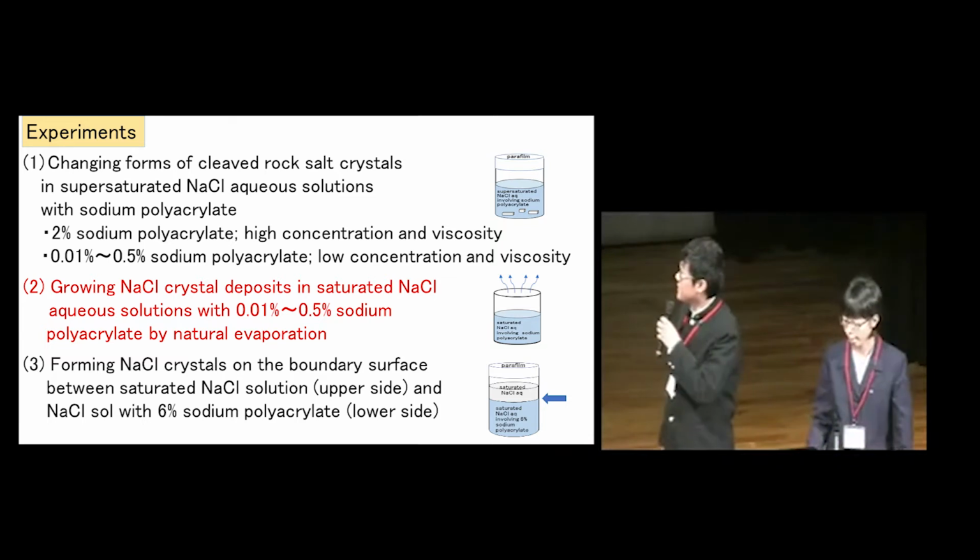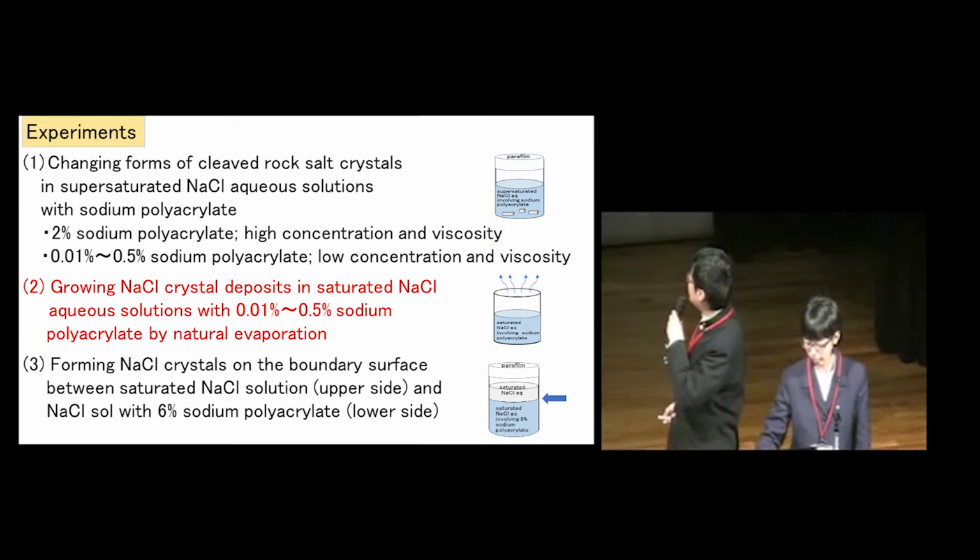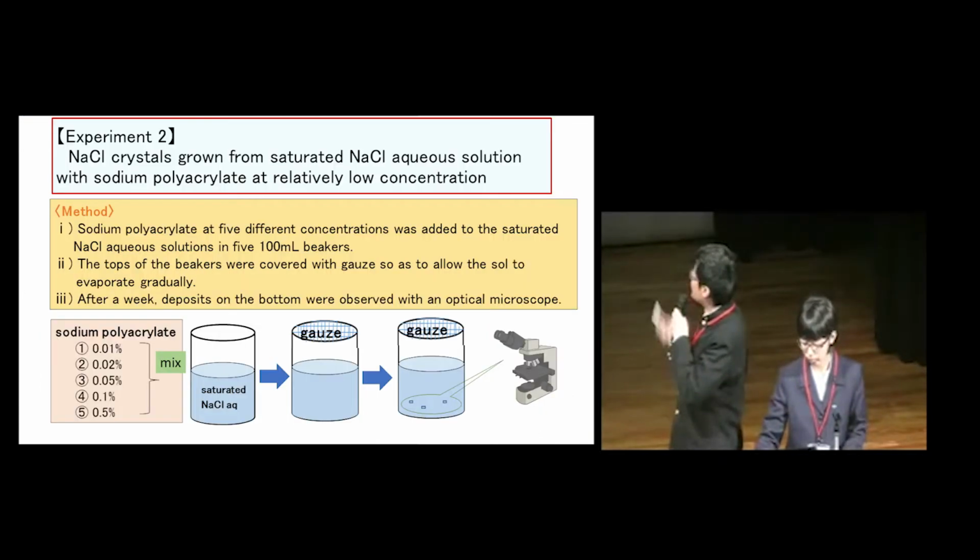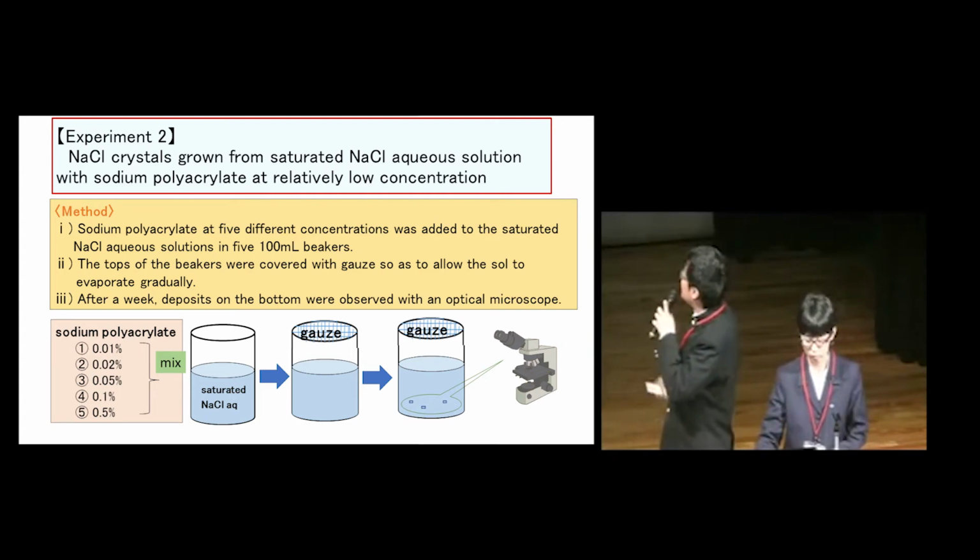Next, experiment 2: growing NaCl crystal deposits in saturated NaCl aqueous solution with low sodium polyacrylate by natural evaporation. In this experiment, we made 5 different concentrations of sodium polyacrylate and covered the beaker with gauze.